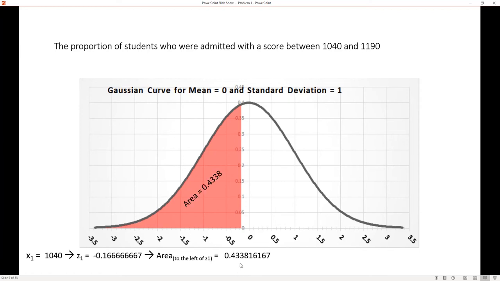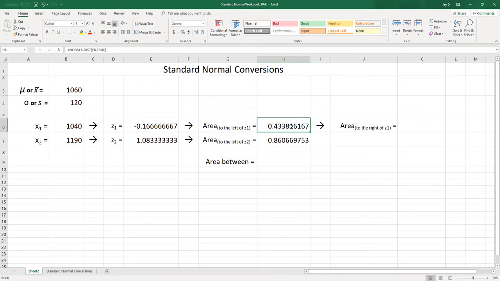And there we go. It's about 43.38%, or 0.4338, the proportion of data that falls to the left of negative 0.16667. Let's go back to the spreadsheet and confirm that that's true. Yes, that's what it is.